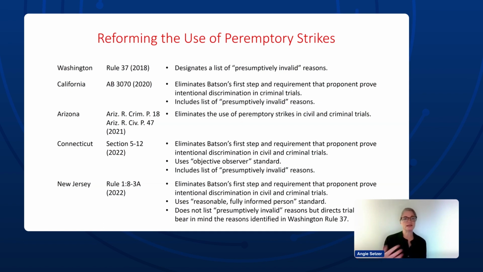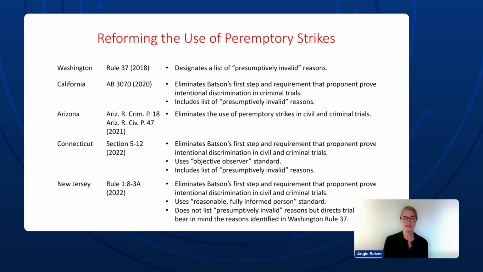California, Washington, Connecticut, New Jersey. Washington actually adopted this rule in 2018, which designates a list of presumptively invalid reasons given by a prosecutor. And those are reasons that have historically been used as pretext for removing people based on race. So these reasons, law enforcement or living in a high crime neighborhood, all of these are presumptively invalid reasons.